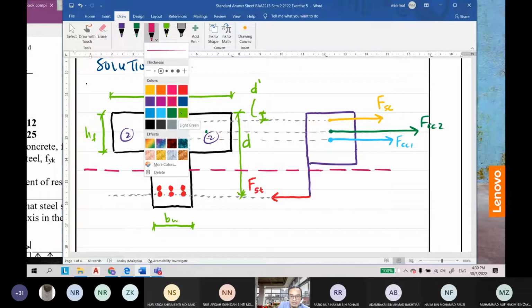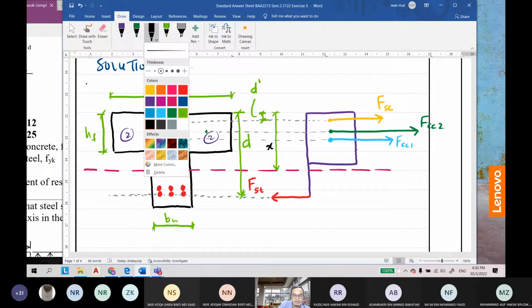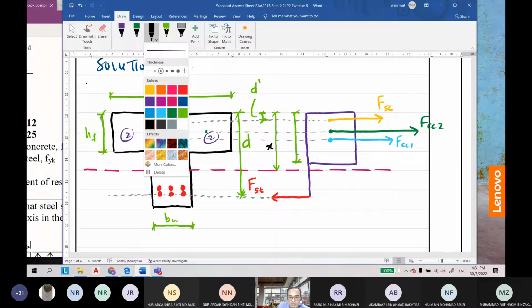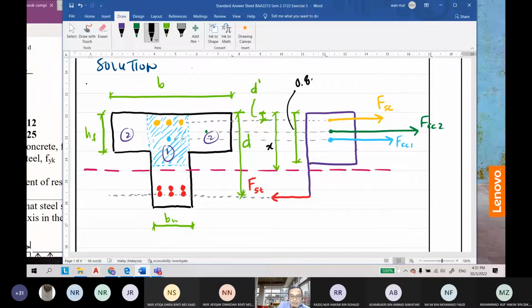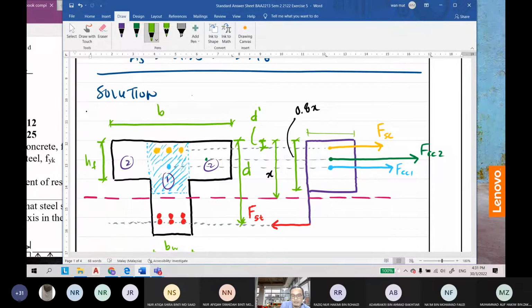From here to here is our X, from the top of the beam to the neutral axis. And we assume that here to here is equal to 0.8 of X. And then here is, of course, your BW for the beam. For the slab that is equal to B minus BW.